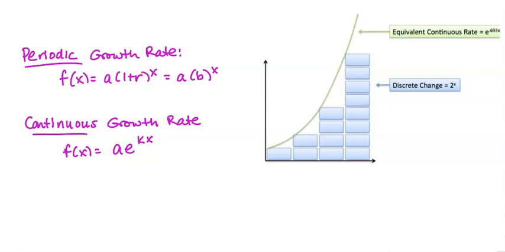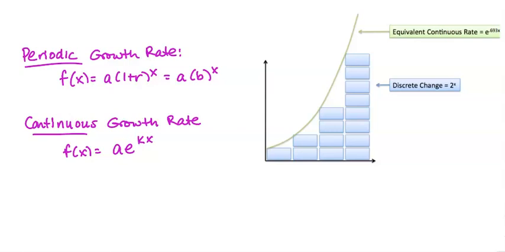In the diagram that we have here, that would be an example of our blue boxes. It's this discrete change: if something is doubling, we go from 1 unit, doubling that to 2 units, doubling that to 4 units, doubling that to 8 units. So there are these specific time intervals where our amount doubles.